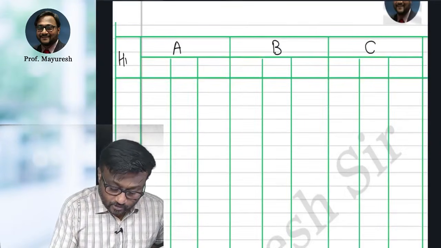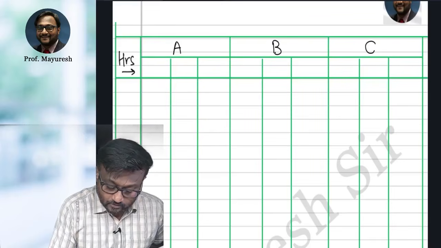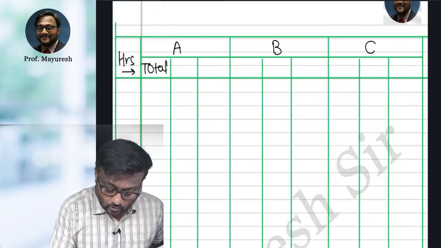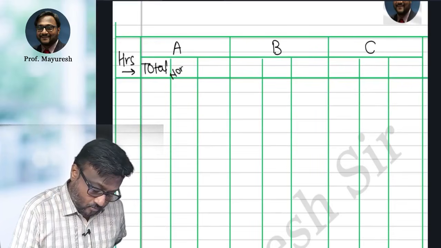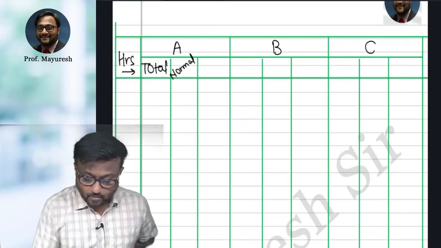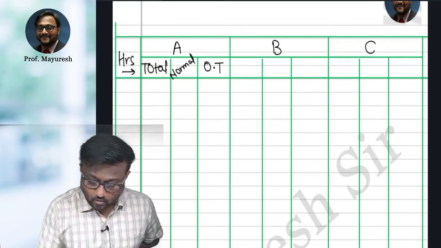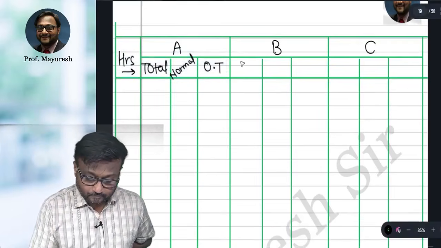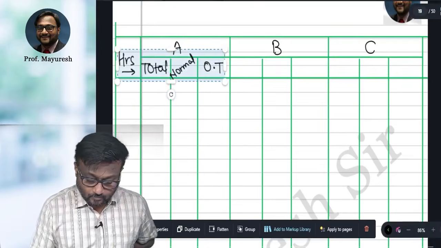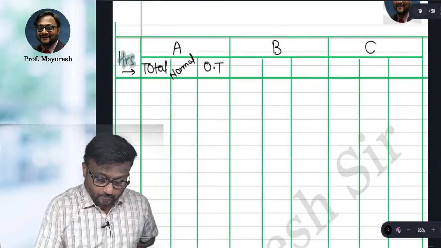We are writing information about the number of hours: total, normal and overtime. You understood this part? Total, normal and overtime.